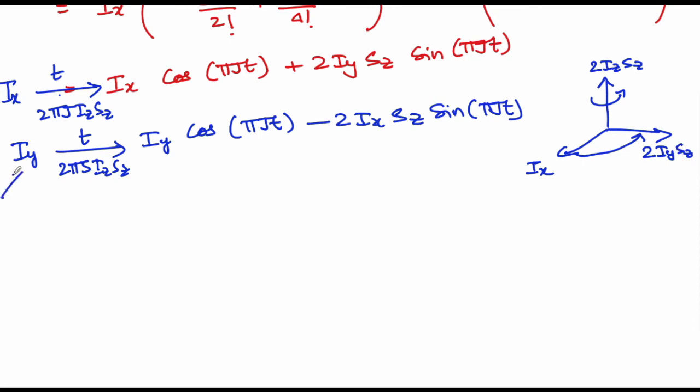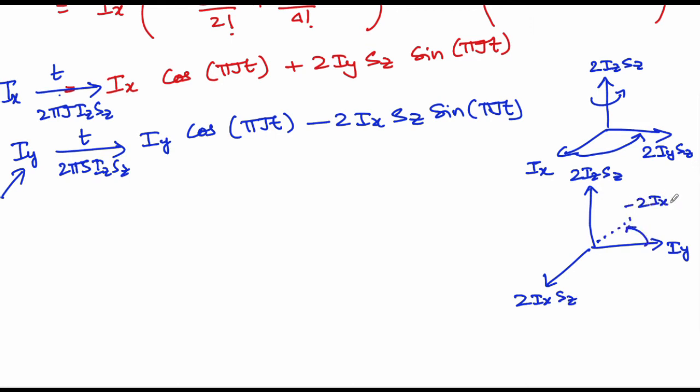On the other hand, when you are looking at the Iy part, you have a similar operator where 2Iz Sz provides the rotation, but you're going to have Iy and 2Ix Sz present. So therefore, it still goes counterclockwise to give a minus 2Ix Sz type of an operator here.